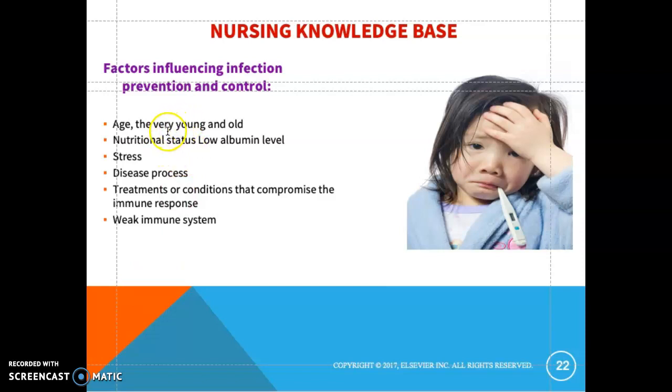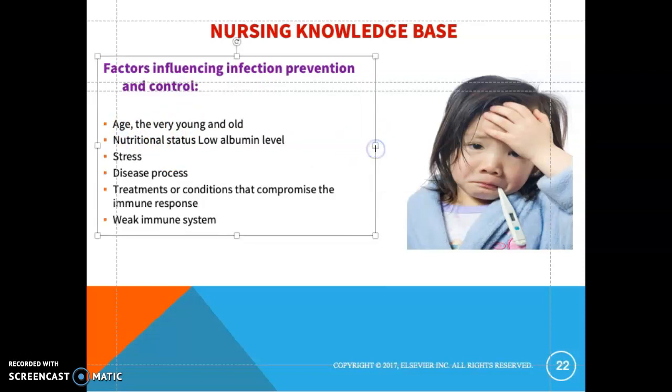And as we know, when you're very young, your immune system is not fully matured, so you're also at increased risk for infections. Nutritional status: if you're not eating healthy and not having an adequate amount of protein, that also can place you at an increased risk for infection.